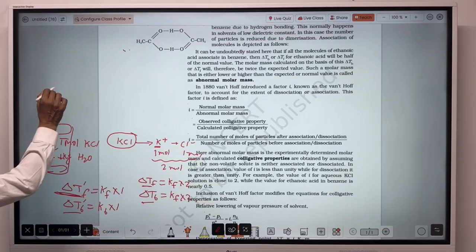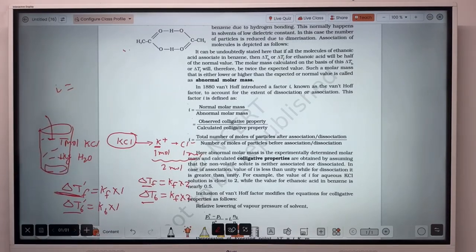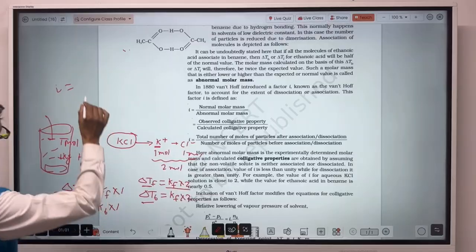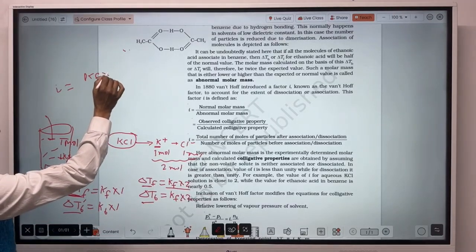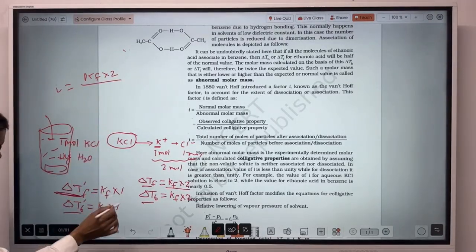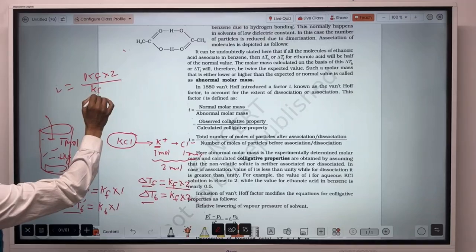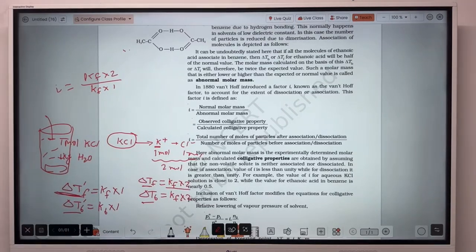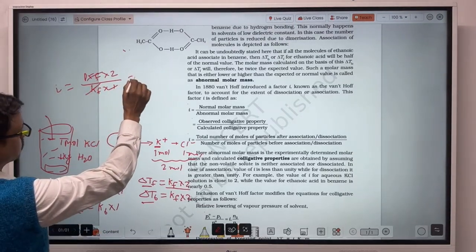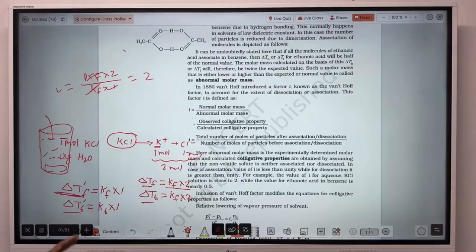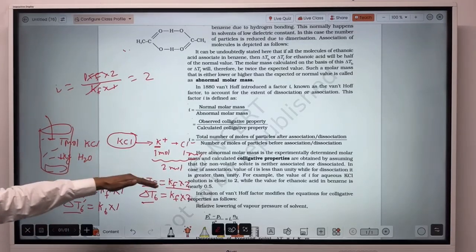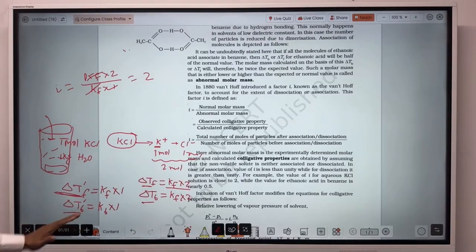So the van't Hoff factor is the observed value, Kf into 2, upon the calculated colligative property, Kf into 1, which is 2. So one definition of the van't Hoff factor is the observed colligative property upon the calculated colligative property.